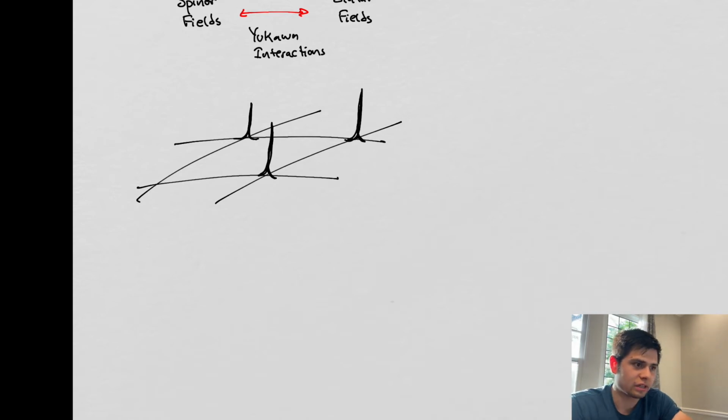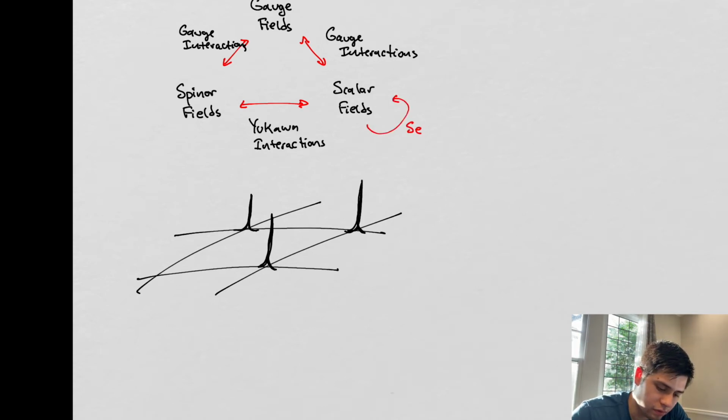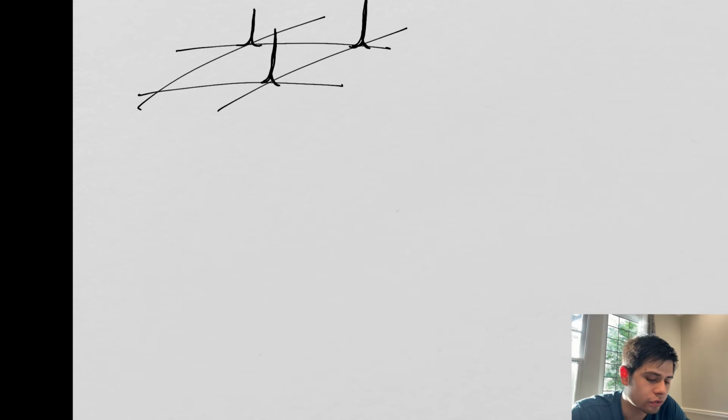Before I actually get into this, I also want to talk about scalar fields. We're also going to be talking about self-interactions on scalar fields, and we'll talk about those later. So how do we want to start here?